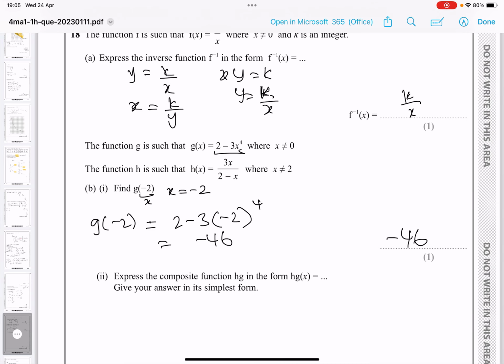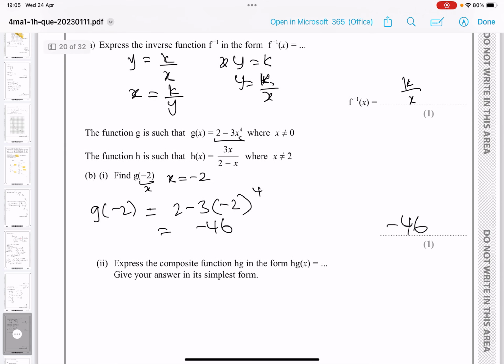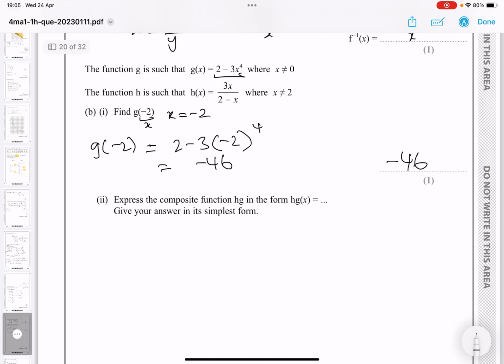Okay, next question. Express the composite function hg in the form hg of x. Give your answer in simplest form. Okay, hg of x. Again, for functions, this is something you just have to learn. The more you practice, the better. You get your original function, h, and you substitute that g function into that function.